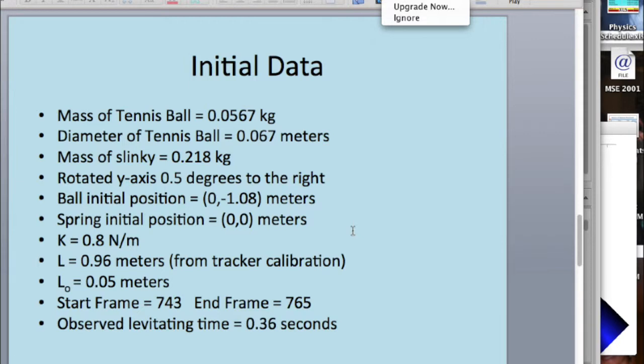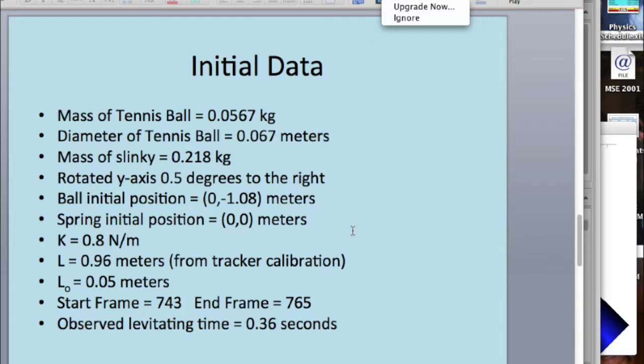While the weight force is constant, the spring force gets smaller as the stretch gets smaller, according to Hooke's law, which is Fs equals negative k times s, where s is the stretch. This directly affects the net force: the tension that was counteracting the weight force goes away, and solely the gravitational force affects the ball and slinky system.